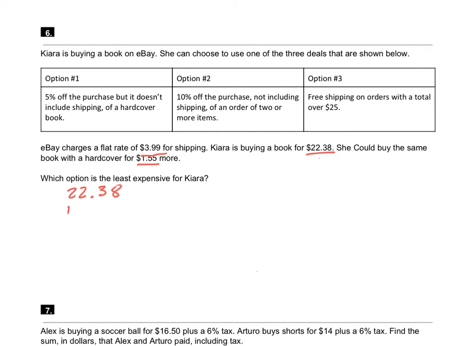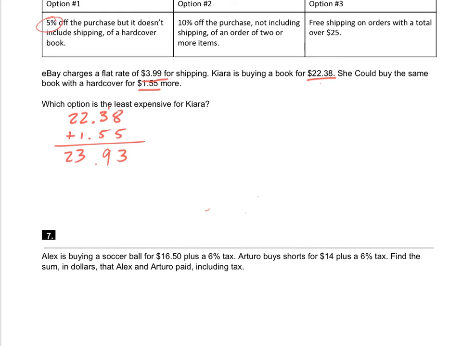So 22.38 plus 1.55, you get 23.93, and now you need to apply the 5%. You need to multiply by your 0.05 because that is a percentage. That's how we find percentages. So let's multiply your number.